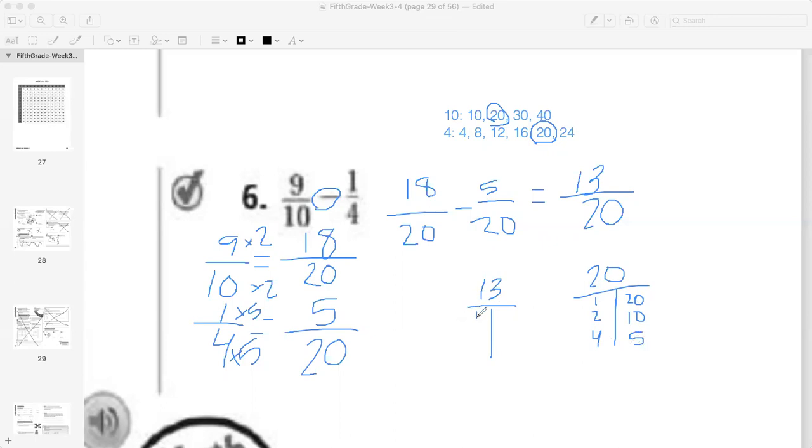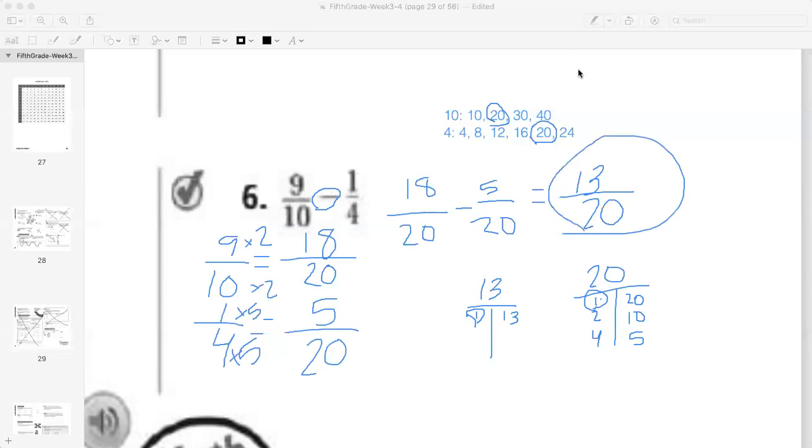So 13, I'd have 1 and 13. And that's it. 13's prime. Means you can only multiply it by itself and the number 1. So all they have in common, if you look, is 1. Whoa. Which means if I divided 13 by 1 and 20 by 1, I would end up with the exact same answer. So for number 6, your actual answer is 13/20.